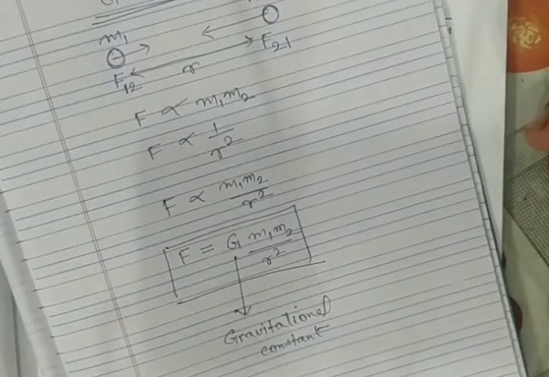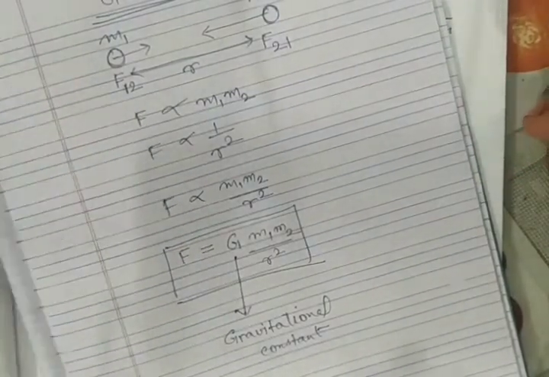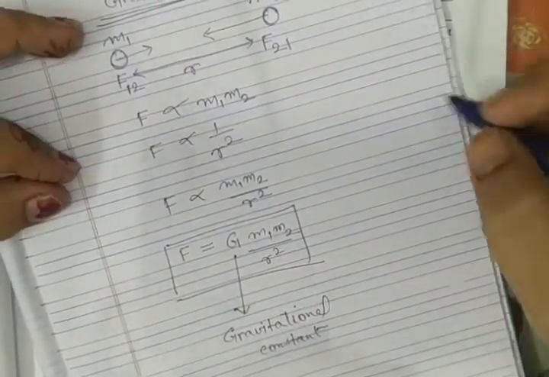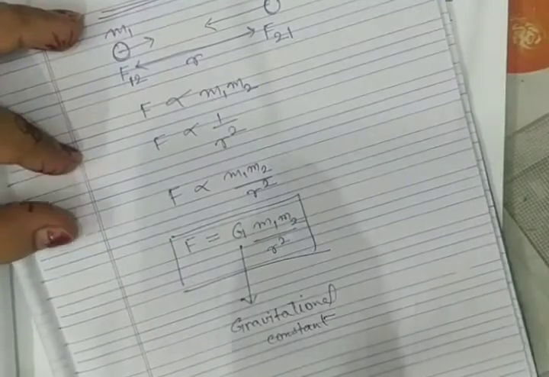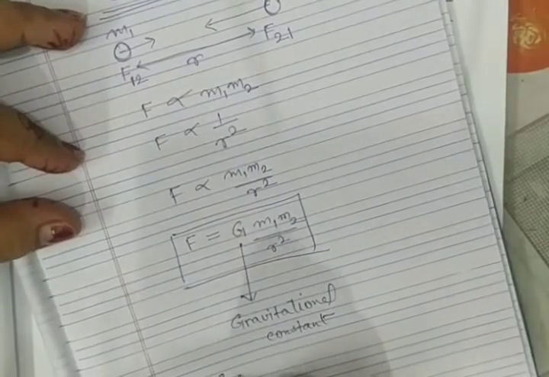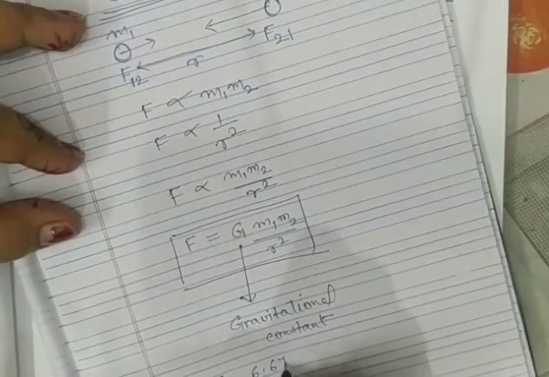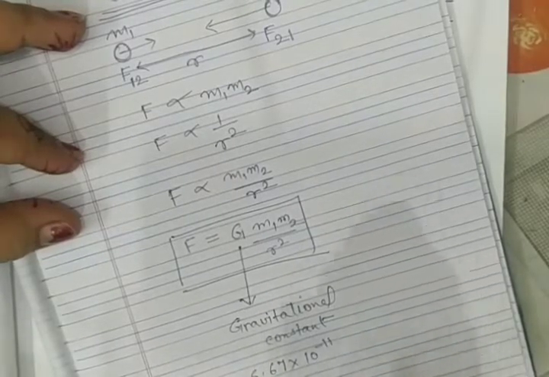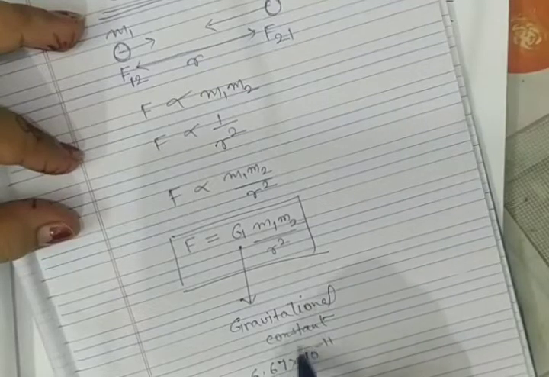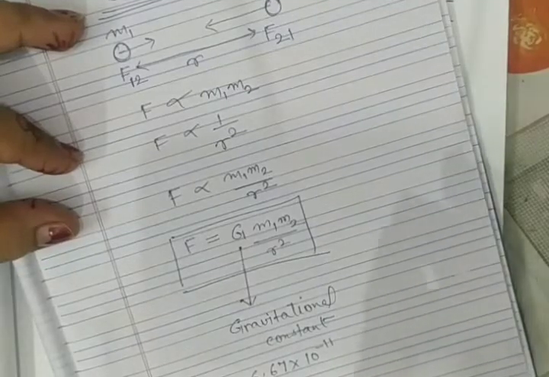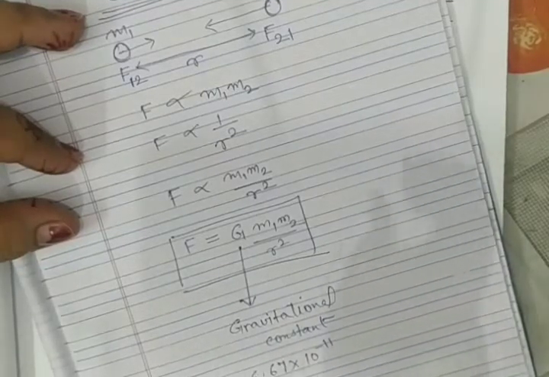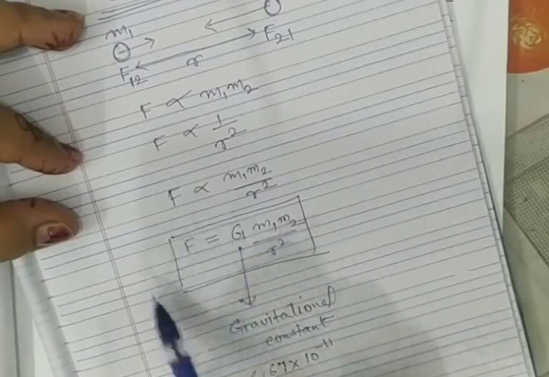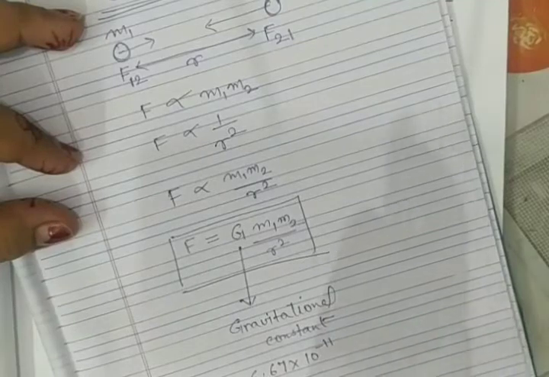But with very small masses, we are not able to observe this force because of the value of G. Now let me tell you the value of G. The value of G is 6.67 multiplied by 10 to the power minus 11. Due to the 10 to the power minus 11, the value of G is very small. So if the masses are also very small, we are not able to observe this force. This is a very small, negligible force.